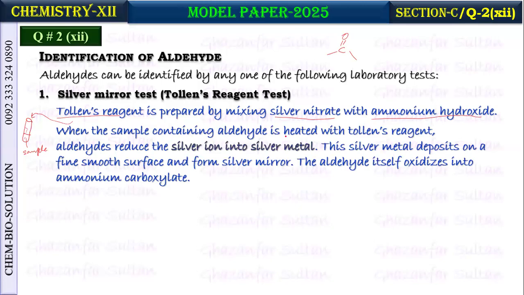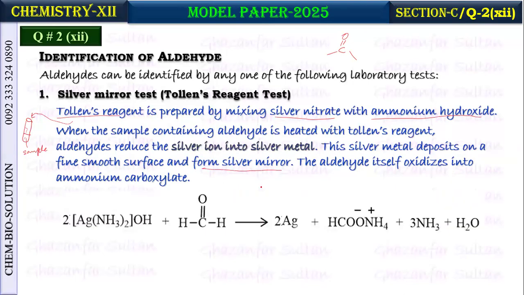When the sample containing aldehyde is heated with Tollen's reagent, the aldehyde reduces the silver ions into silver metal, and that silver metal deposits on the fine smooth surface, the inner surface, and coats it, forming a silver mirror.